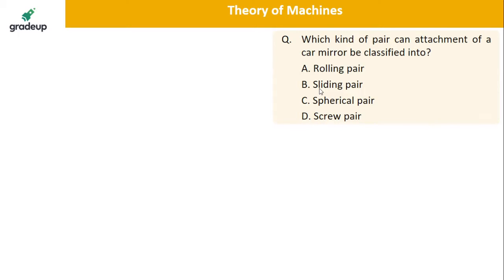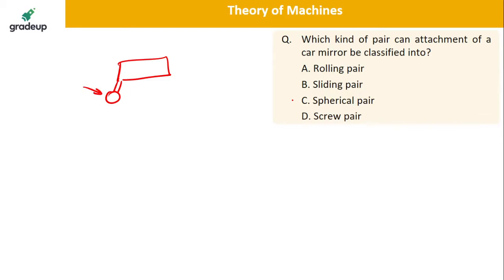What kind of pair can the attachment of a car mirror be classified into? What kind of pair? That means they are asking, in a car mirror, what kind of attachment can be classified? Is it a rolling pair, sliding pair? Absolutely correct. Very good.